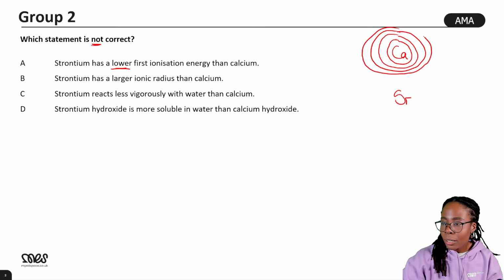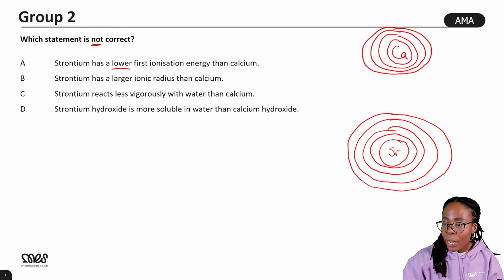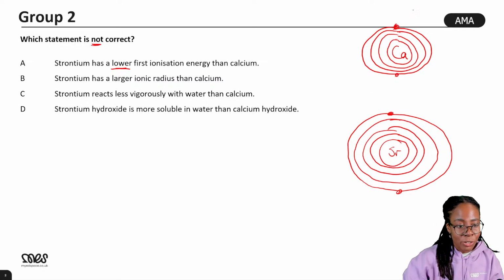Have I left enough space for strontium shells? No. Strontium has 5. So for strontium, there are more shells and therefore more shielding and therefore a weaker attraction between the nucleus and the outermost electrons. So less energy is required to lose strontium's outer electron.